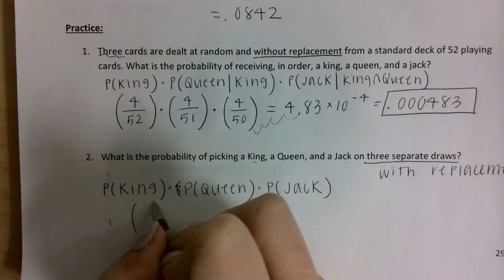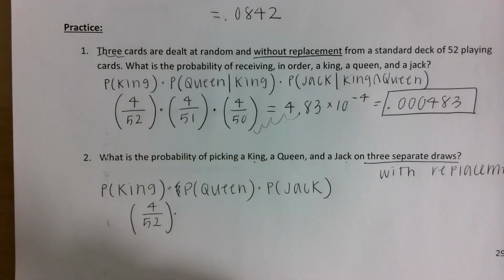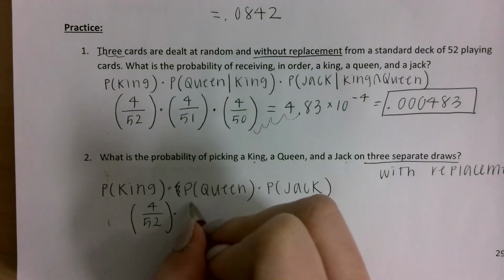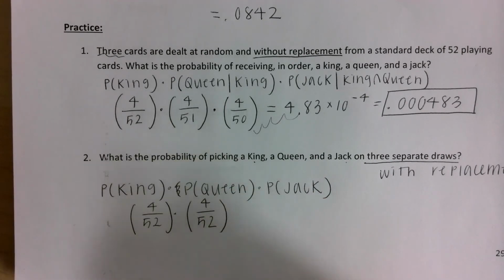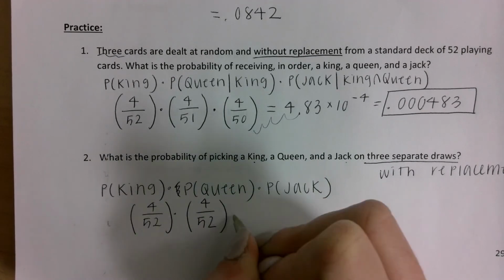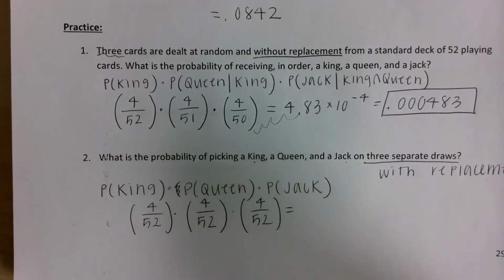And then the last one, probability of jack. So for the king, I have 4 out of 52. Since these were separate draws with replacement, I now still have 52 cards left when I go to pick the queen, so 4 out of 52, and the jack, 4 out of 52.